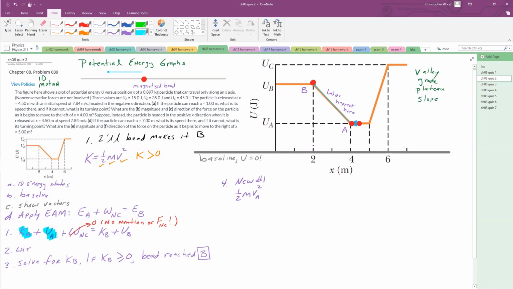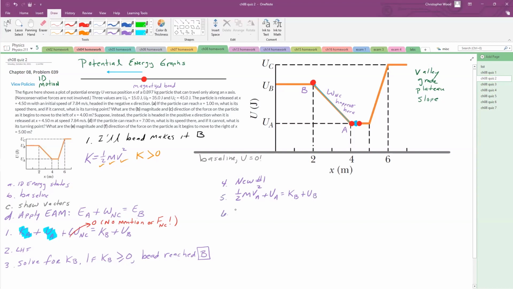And then here's my potential energy at A, U_A, got it? There's no non-conservative work. It equals the kinetic energy at B, which I need to solve for, plus the potential energy at B, which is also given. For me, it's 35. I'll just write it as U_B.